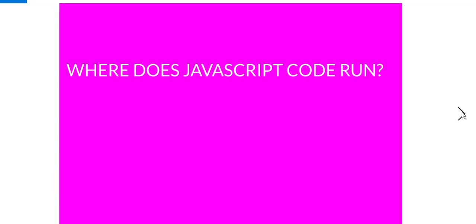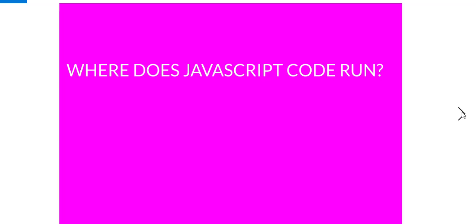Now with this we can run JavaScript code outside of the browser. So we can pass our JavaScript code to Node for execution, and this means with JavaScript we can build the backend for our web application and mobile applications.